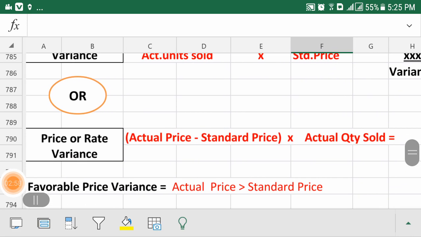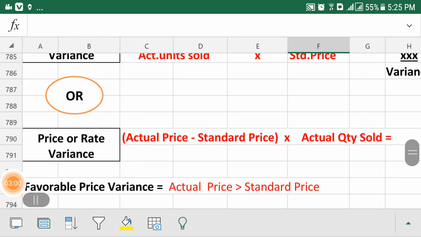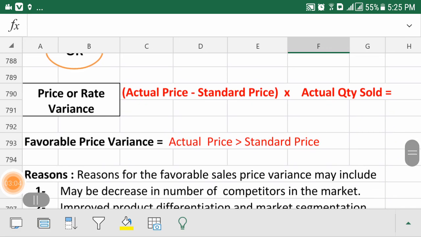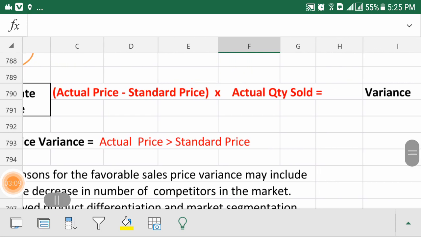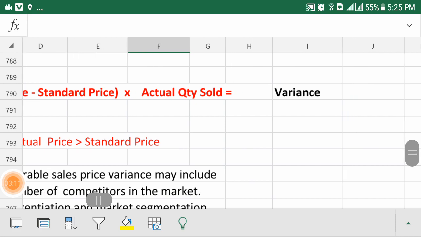And if the standard quantity is not given, we can use this formula: actual price minus standard price into actual quantity, and we will get the variance.